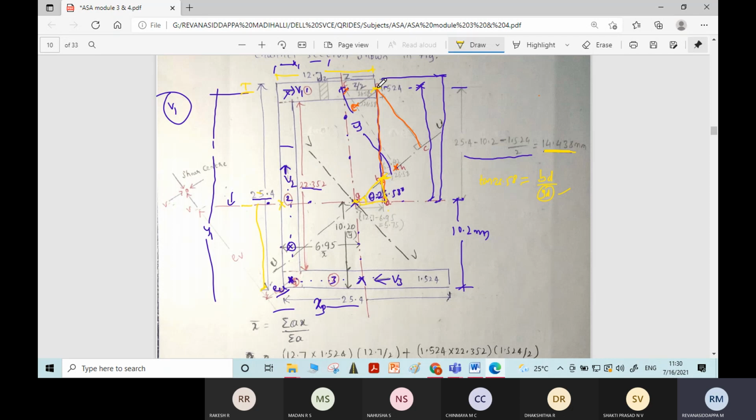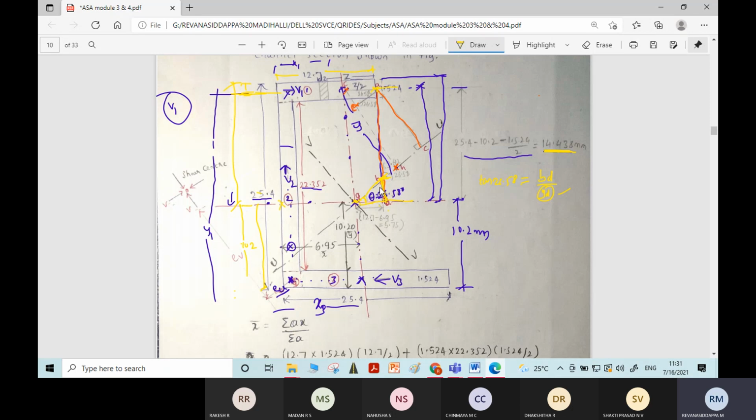Understanding? To calculate the distance between A and D: overall depth 25.4 minus this y bar distance 10.2, then deduct half of the rectangle, 1.524, and you get the distance between A and D. The distance AD minus the distance BD we just calculated gives distance AB.